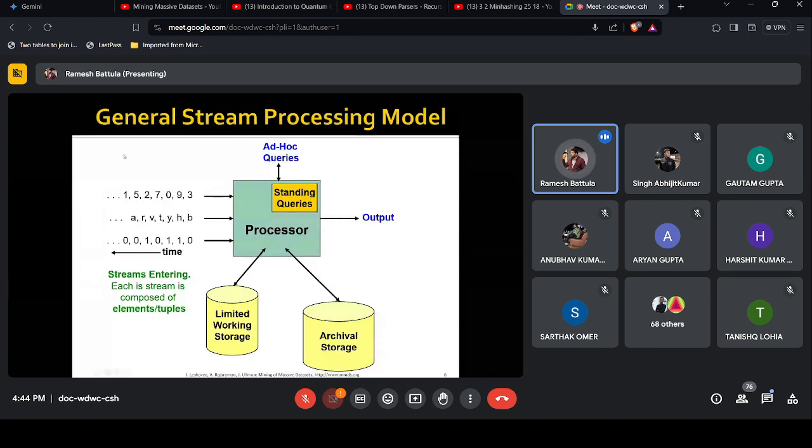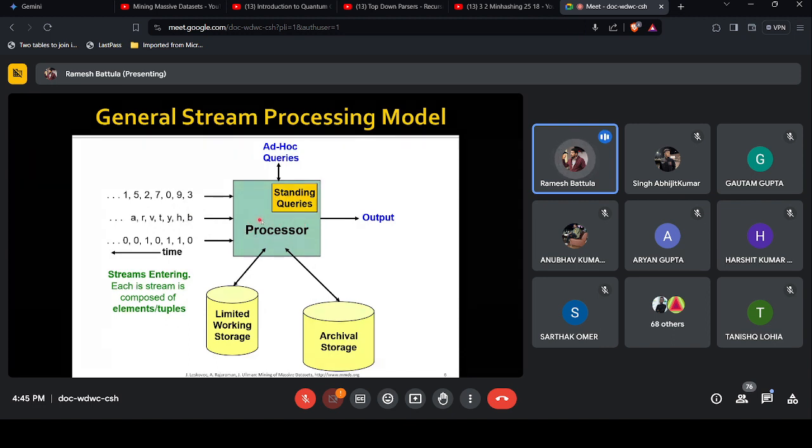Here you observe this is the input information. Each stream consists of some tuples of information. This tuple of information is going to be sent to the processor.